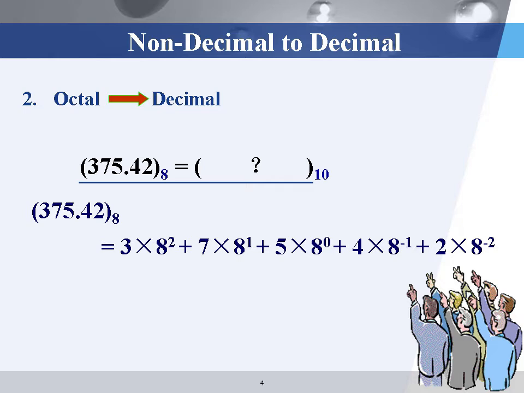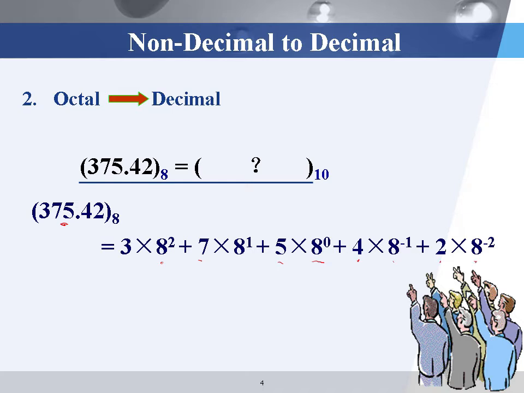For the number 5, the power will be 1. For the number 7, the power will be 8. And then we look at the fractional part. For the number 4, the power will be 8 to the -1 power. And for the number 2, the power will be 8 to the -2 power.